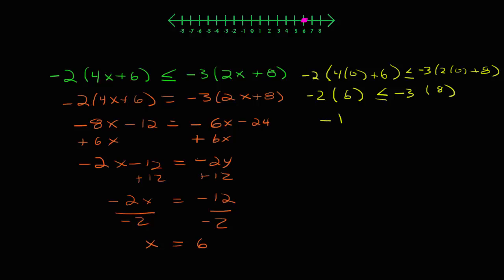And we get negative 12 is less than or equal to negative 24. That was not true. So when we plugged in 0, it did not work. So once again, we are going to shade the other part of our number line. So we're going to shade this part over here because that's the part that will work. Remembering that if 0 didn't work, none of the numbers over here are going to work.